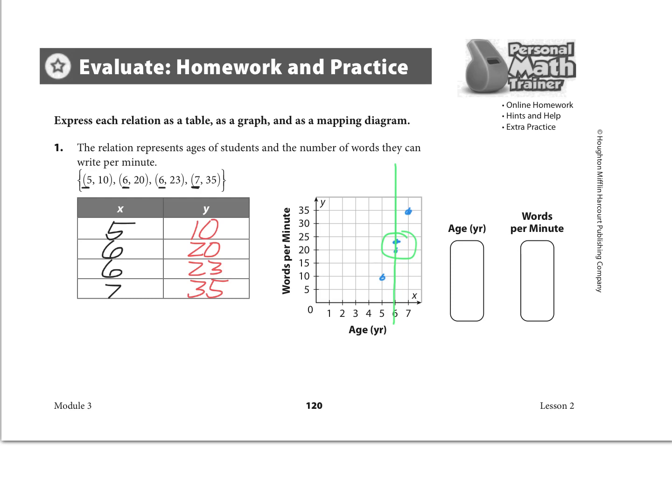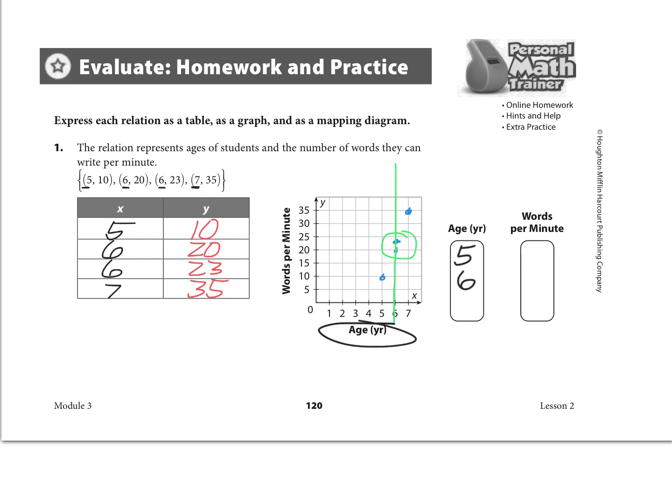Okay, the last way to do this is what's called mapping. Now, in mapping, you do x's here and y's, which are labeled down here. So labeling graphs, labeling maps, all those things are very important. In a table and in points, you just have values for x and y. The difference between mapping and a table is that in mapping, you only list the values one time.